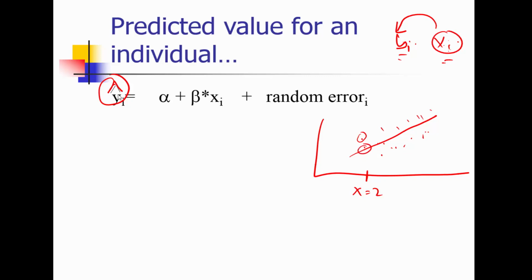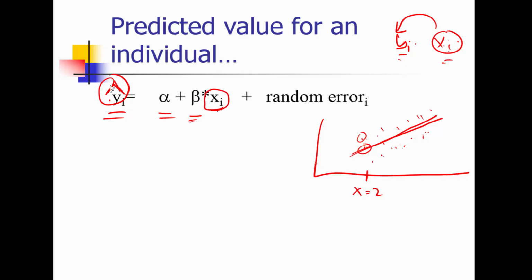When we talk about the regression line, we only talk about the predicted value. The actual value will be lying somewhere, maybe on the line or maybe not. So there is always some possibility of error. The predicted value is nothing but intercept plus slope multiplied by xi, and xi doesn't change because it's a given value.